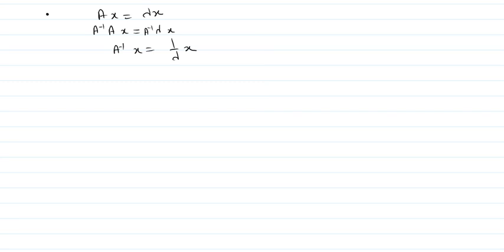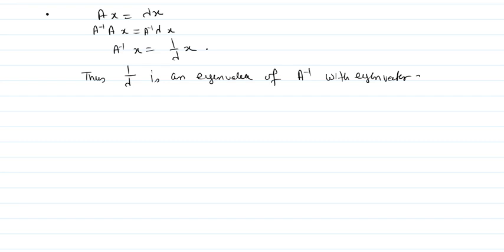So if lambda is an eigenvalue of A, then 1 by lambda is an eigenvalue of A inverse, and the eigenvector remains the same. So if lambda is an eigenvalue of A, then 1 by lambda is an eigenvalue of matrix A inverse with the same eigenvector x.